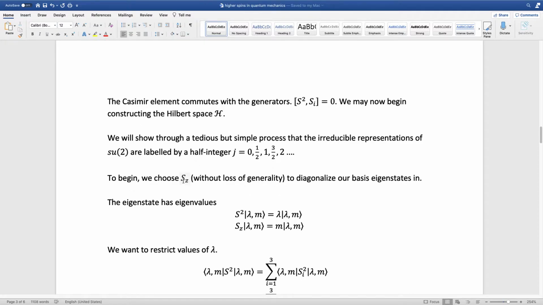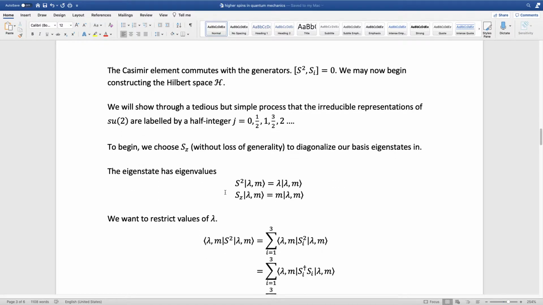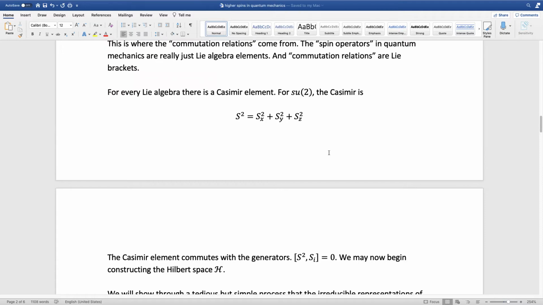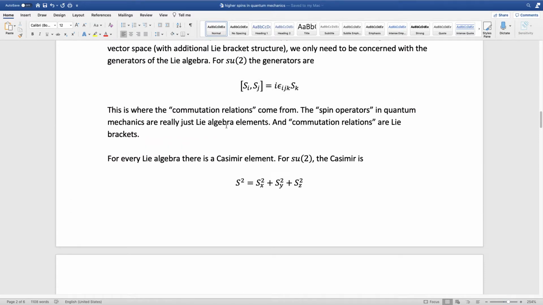So to begin, we choose S_z to diagonalize our basis eigenstates without loss of generality, because if we chose S_x or S_y instead, they would behave similarly, since this Lie bracket is cyclically symmetric.